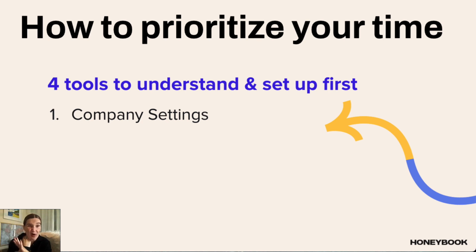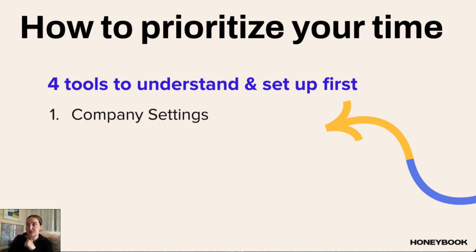If you already have a lot of this information at your fingertips, for example, a branding guide that you've worked on with a designer, this might even just take you 5 minutes. So let's say anywhere from 5 to 15 minutes for this first portion, okay?